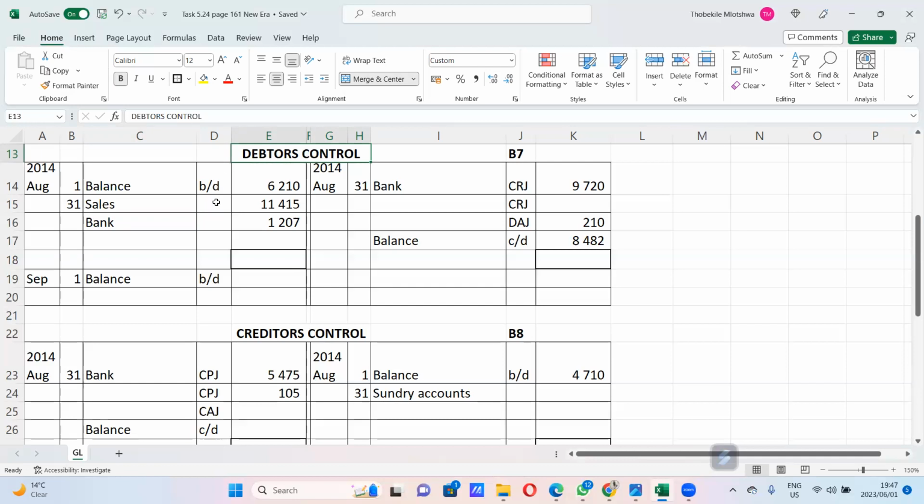Which leaves us with: if you see sales on the debit side, it means people bought on credit, so debtors control, the debt, increased and the sales increased. But in the sales account, it will be on the credit side, which I'm not going to go to now. So it's obvious that it's going to be DJ, because CRJ is out since there is no debt there.